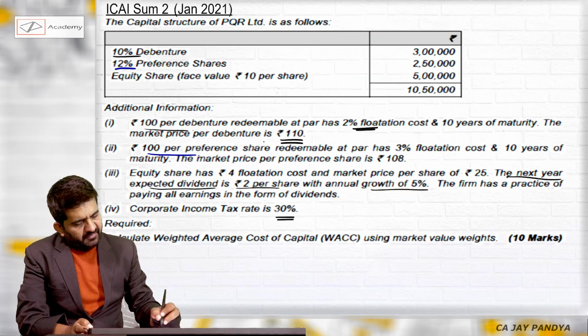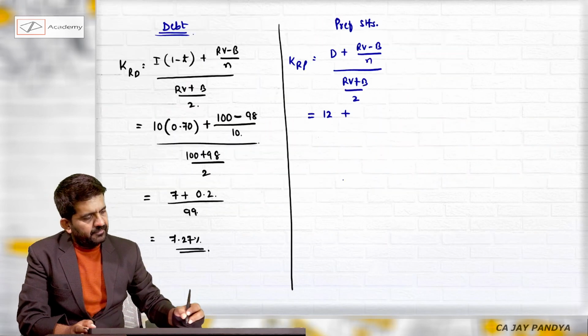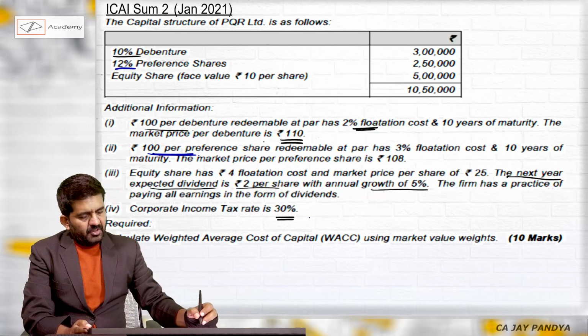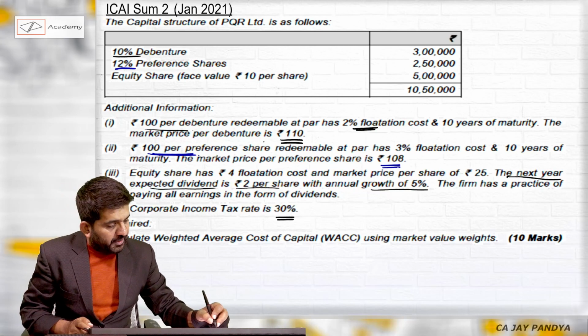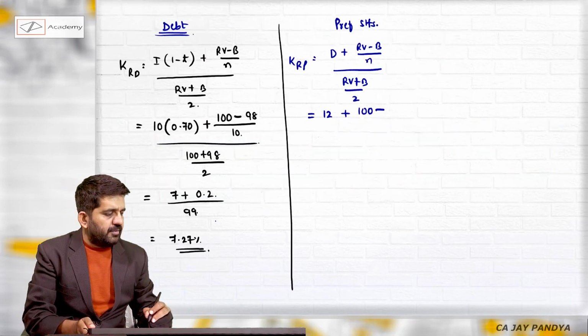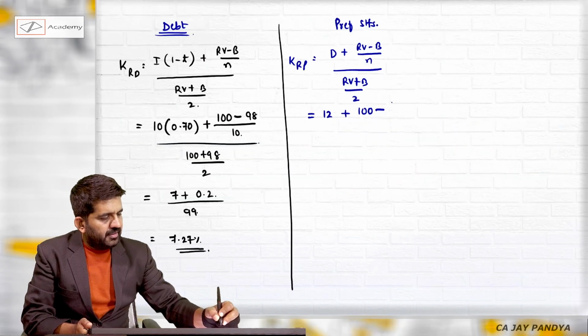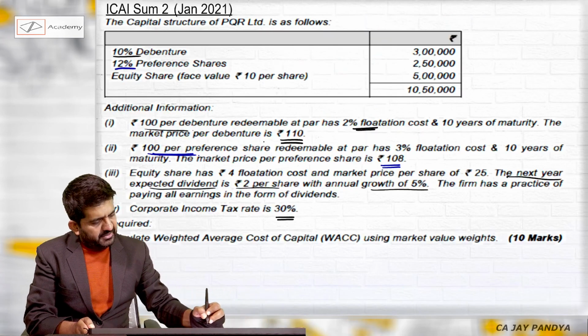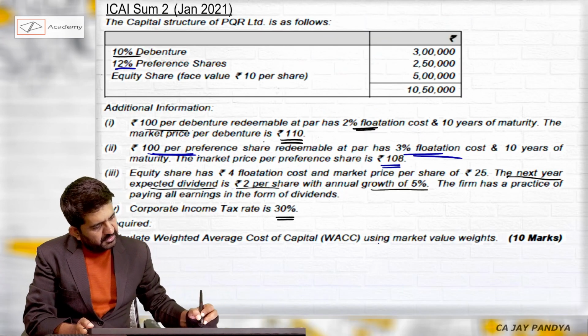Plus redemption value is at par, 100 rupees minus borrowing. What can be borrowing? You can take 108 rupees. Instead of 108, I am finding out historical cost of capital, so I am taking 100. And borrowing in preference shares will be 100 minus the flotation cost of 3%.